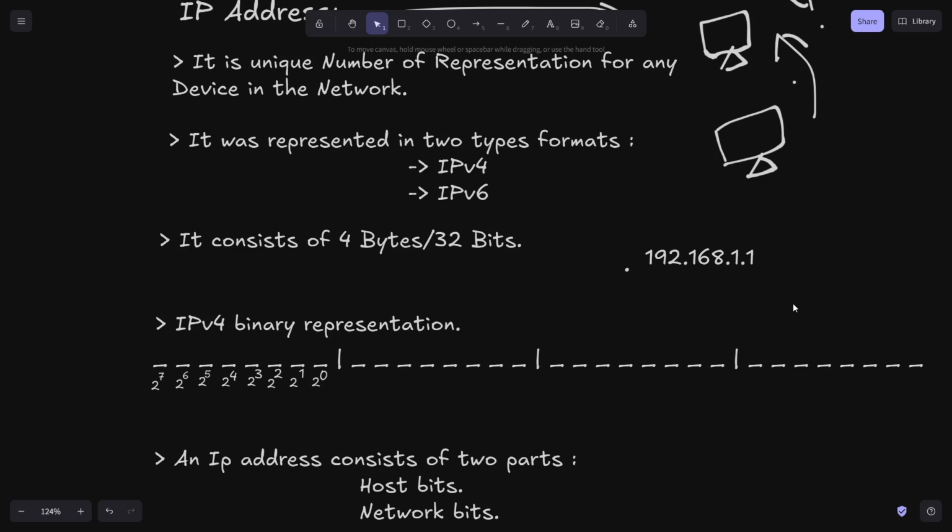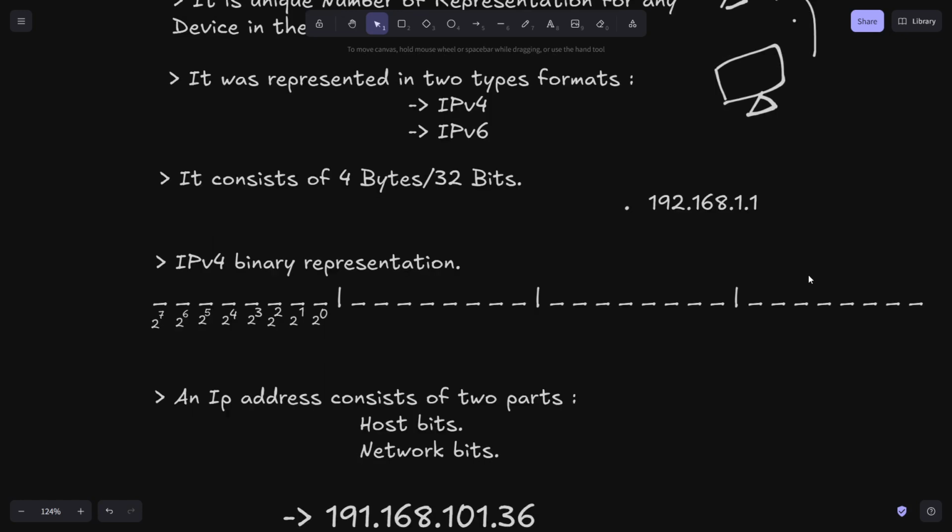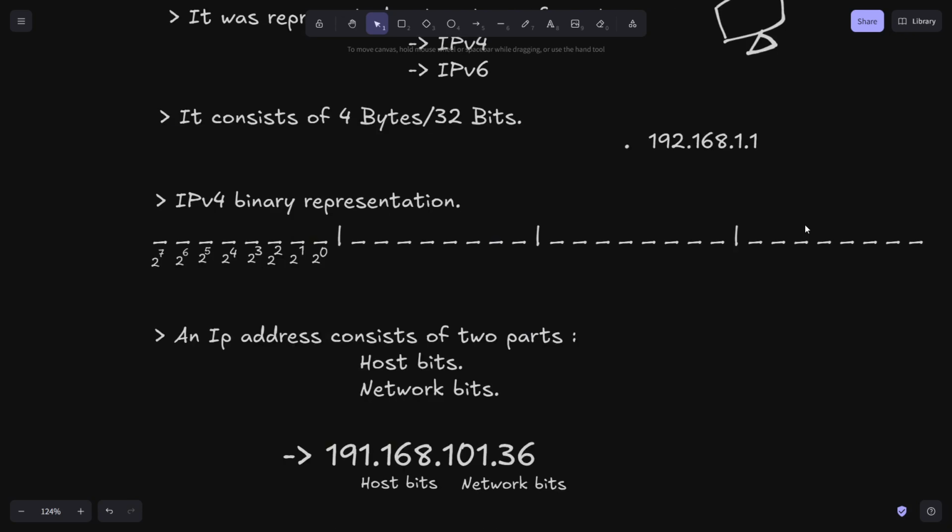Mainly there are three types of classes in IP addresses. I will explain it clearly in the subnet part, but as of now, just let you know there are mainly three types of IP classes, class A, class B and class C, and there is a specific range also.